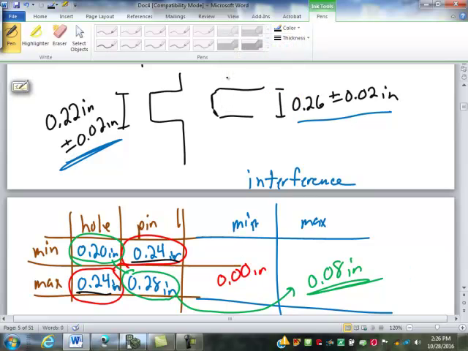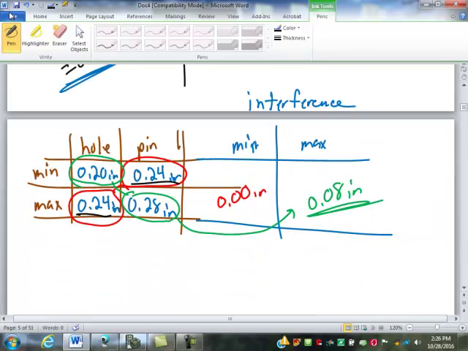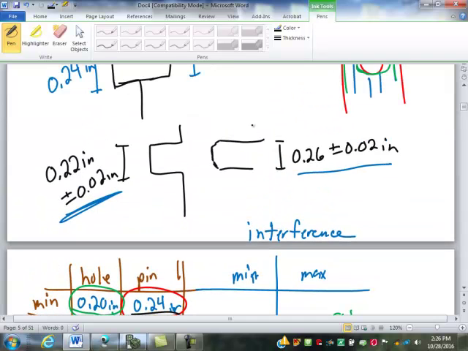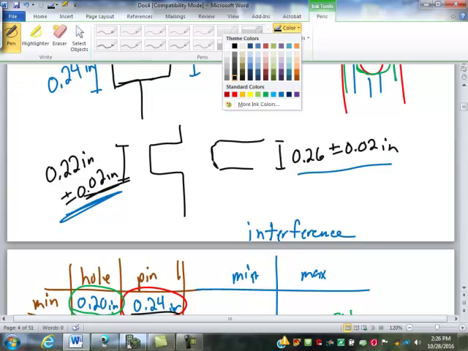Might be a little difficult to force it in. So the moral of the story is an allowance that looks small, 0.02 of an inch seems like a pretty small allowance. It's fine if you have a piece standing on its own, but when they're interacting with other pieces, it can cause a lot of problems. Any questions?